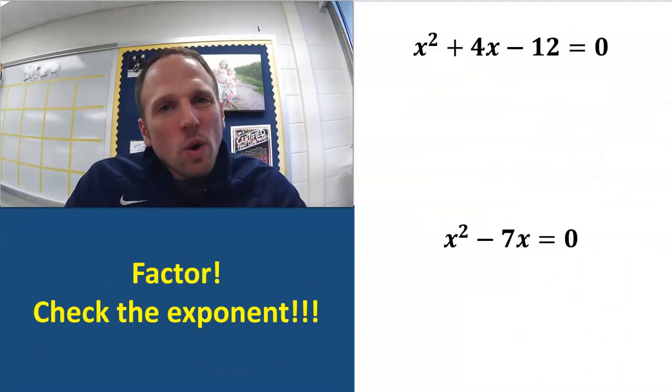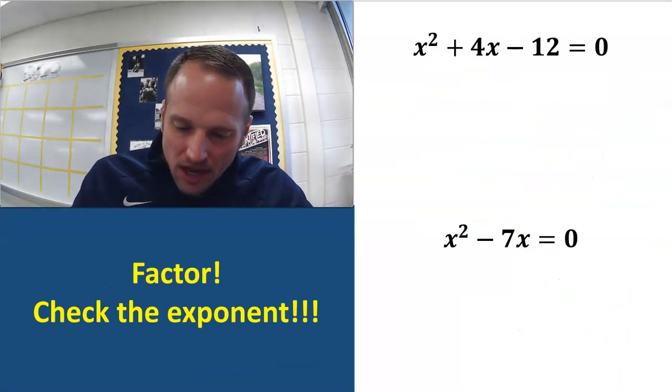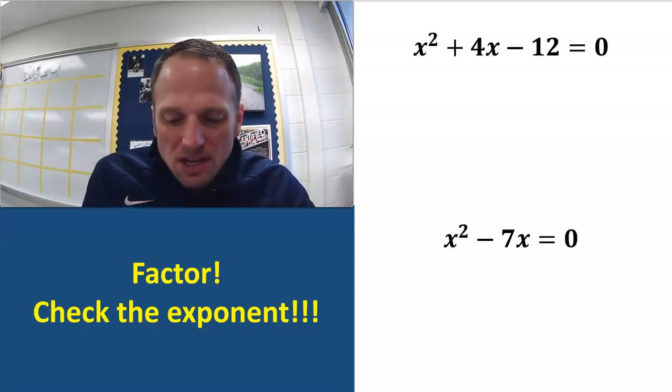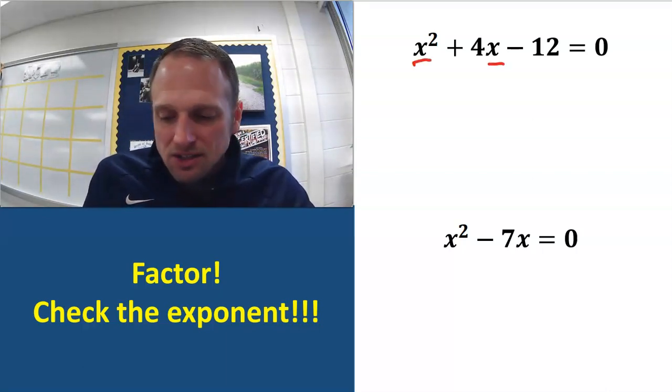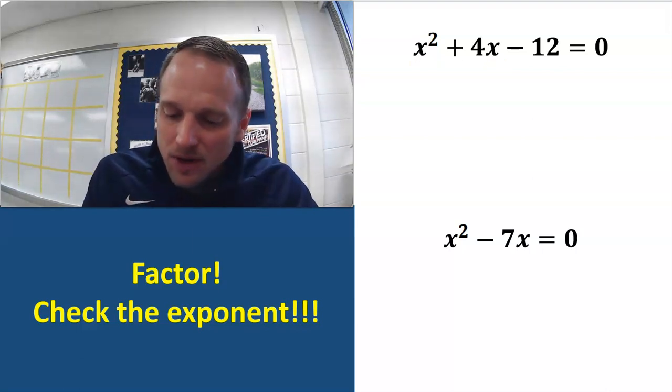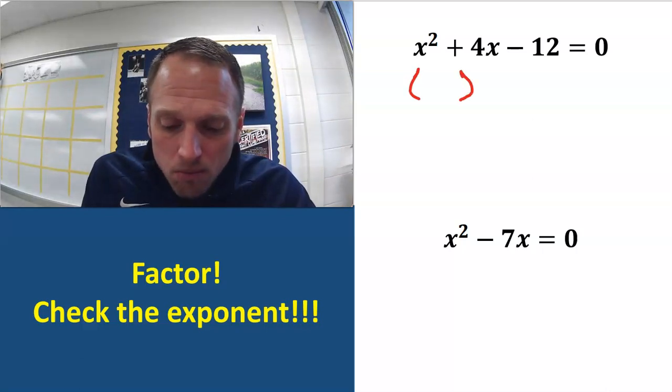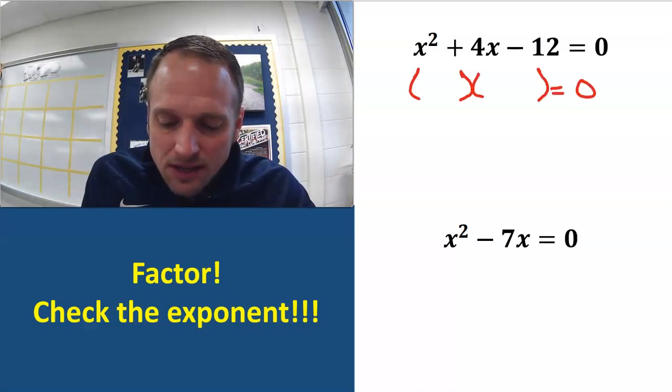One more quick way to do this, and let's see. We could, this one, since there's an x squared and an x here, again, we can't solve this. We'd have to use the quadratic formula or graphing, or maybe this is a pretty easy one to factor.